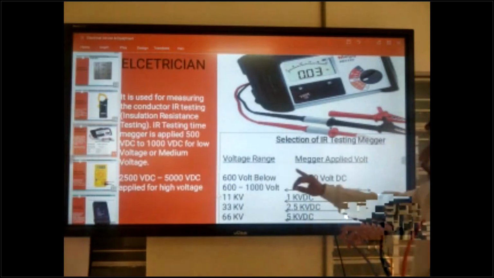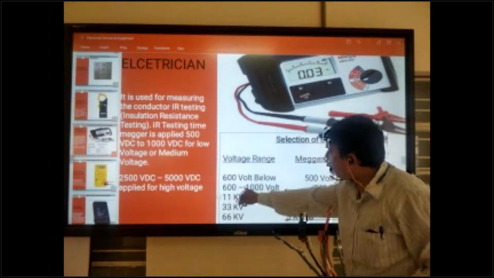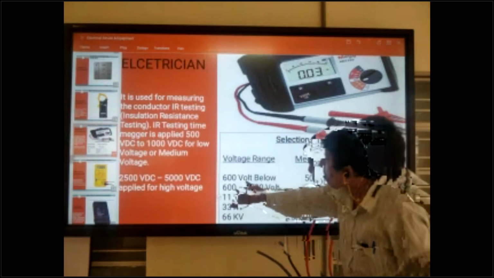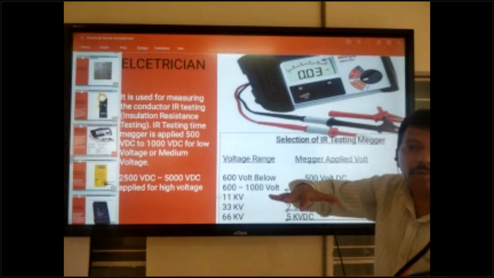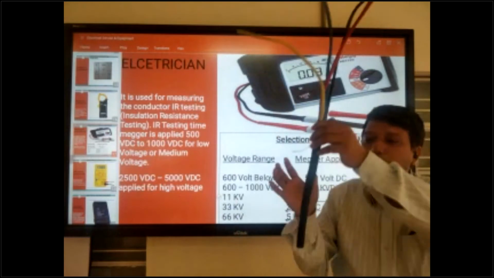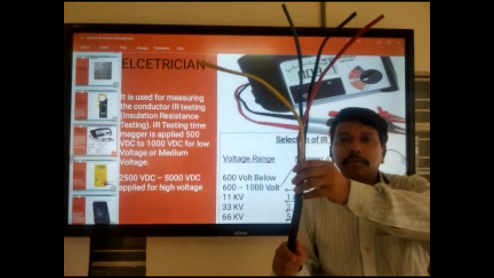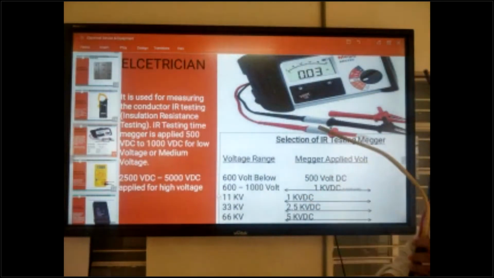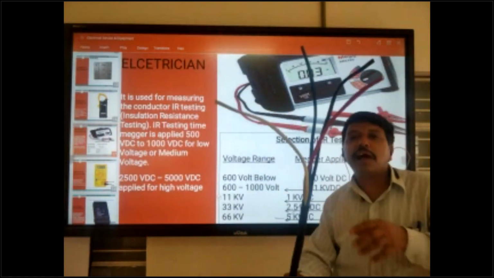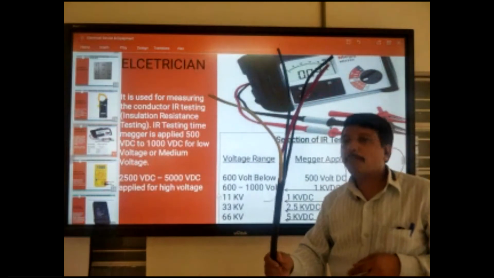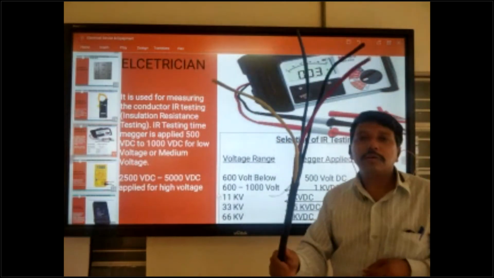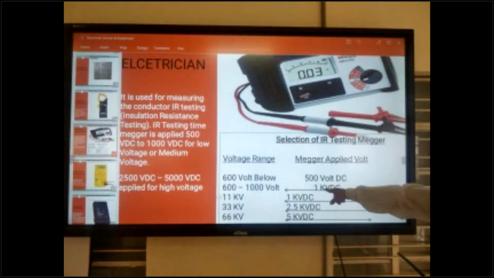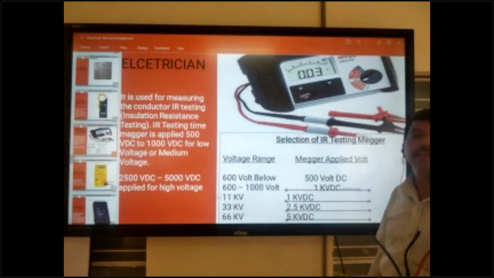Okay. And next one, 600 to 1000 volt. 600 above to 1000 volt below. If you want to check the insulation resistance of this cable, you can give the voltage, suppose 1000 volt, 800 volt, like that. Okay, so you can apply on the megger 1 kV DC, 1 kilovolt DC.